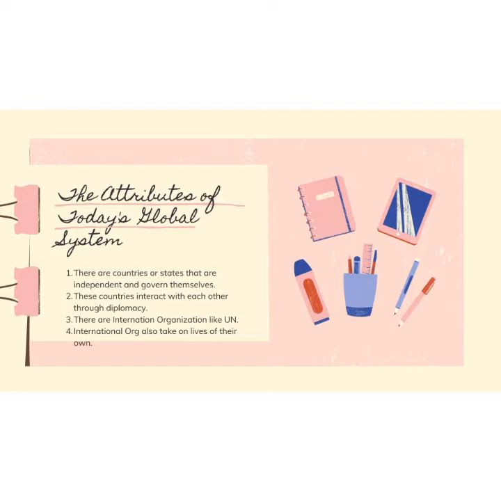Fourth, beyond simply facilitating meetings between states, international organizations also take on lives of their own. The UN, for example, apart from being a meeting ground for presidents and other heads of states, also has task-specific agencies like the World Health Organization and the International Labor Organization.